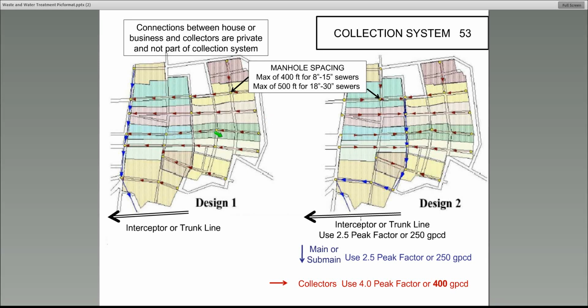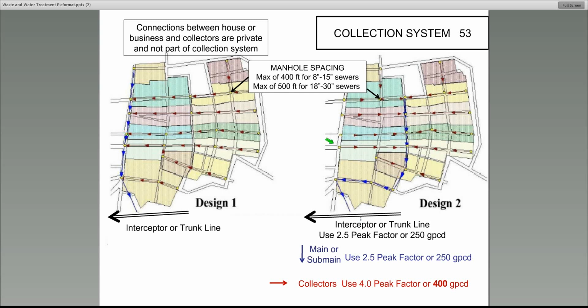If you start here with a line for your collection system in the street, and you run it all the way down to this end before you get to a main or a sub-main, which is the blue line, then you would have to get the flow you need for sewers, gravity flow. The depth of the sewer has to be deeper and deeper as you go down here. So once you get to this point, you're going to have a pretty good depth.